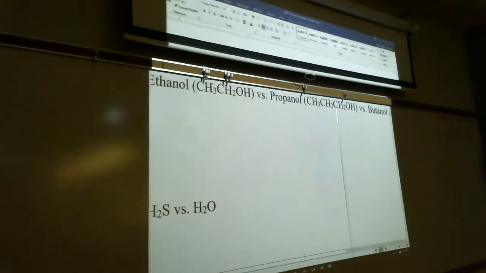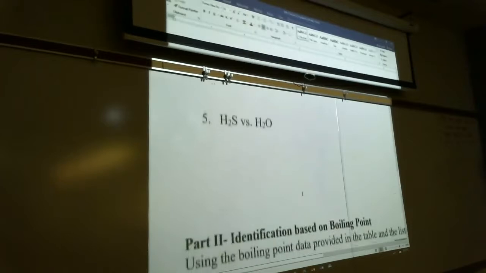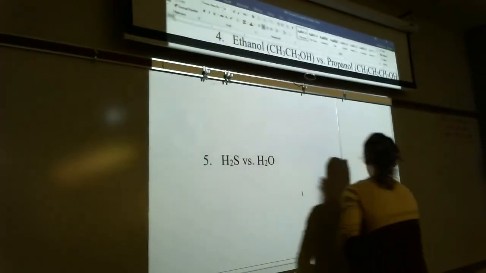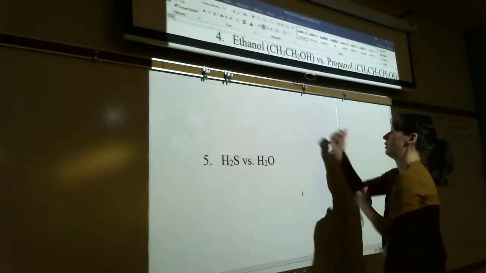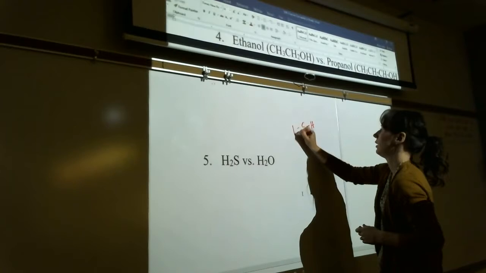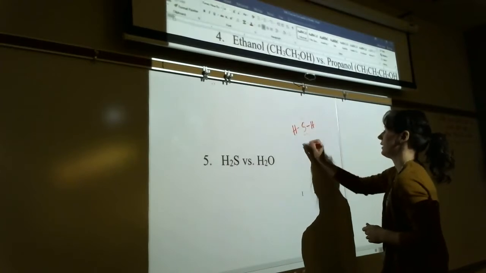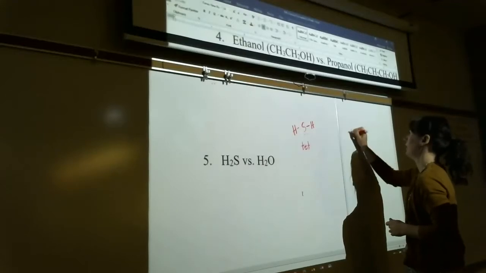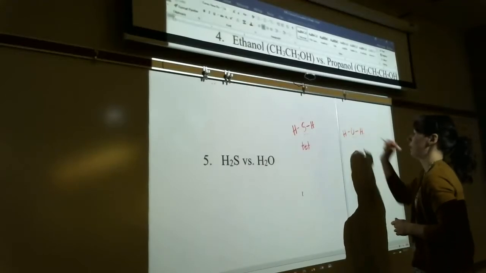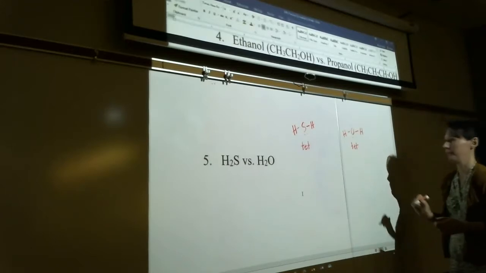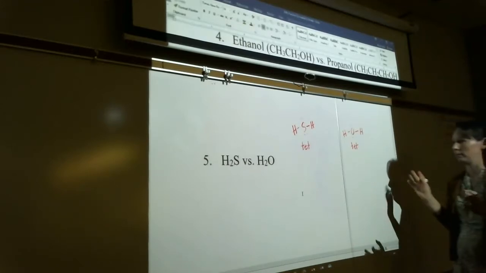Okay, last one. H2S versus H2O. So, H2S has a Lewis structure. S, H, H. Right, that's tetrahedral molecular geometry. Water is the same way. There's the Lewis structure, but when you do the molecular geometry, it's tetrahedral. Okay, let's do the IMFs.